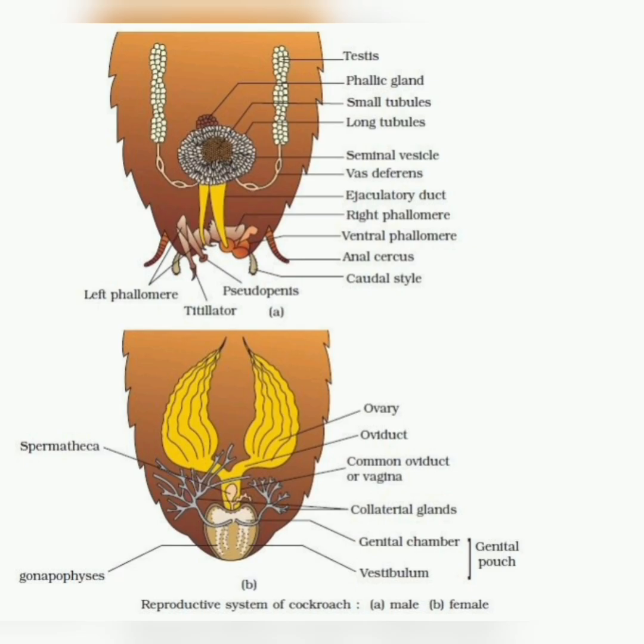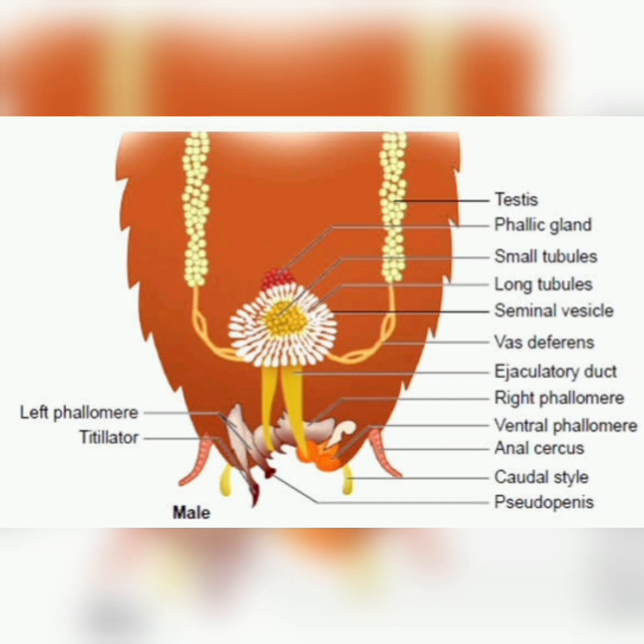Coming to the last, reproductive system. Cockroaches are dioecious, means sexes are separate. Male reproductive system consists of a pair of testes in fourth to sixth segments. Testis opens into vas deferens, into seminal vesicles, to ejaculatory duct and male gonopore. In sixth and seventh segments, a mushroom-shaped gland, which is the accessory reproductive gland, is seen.